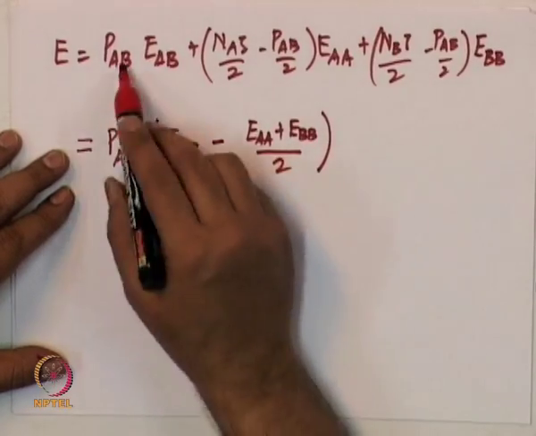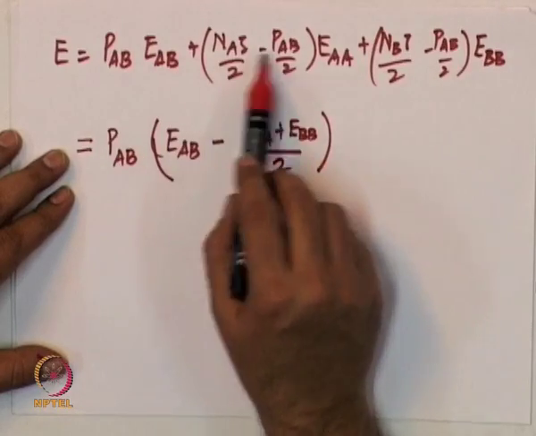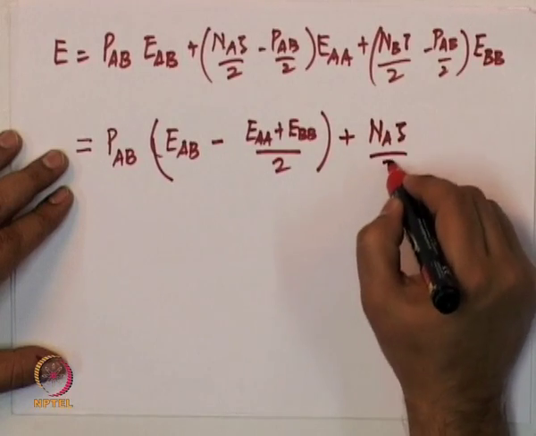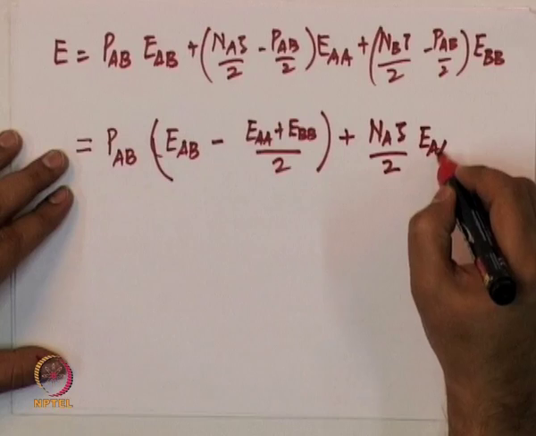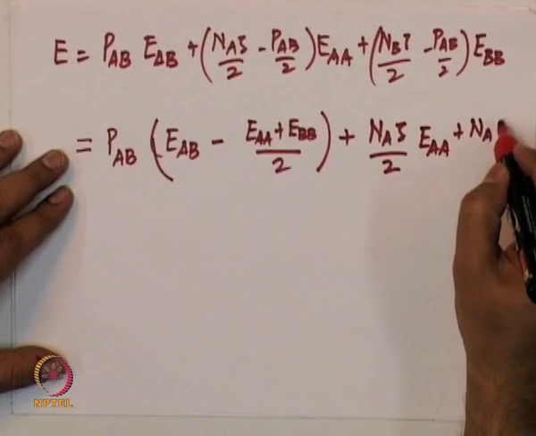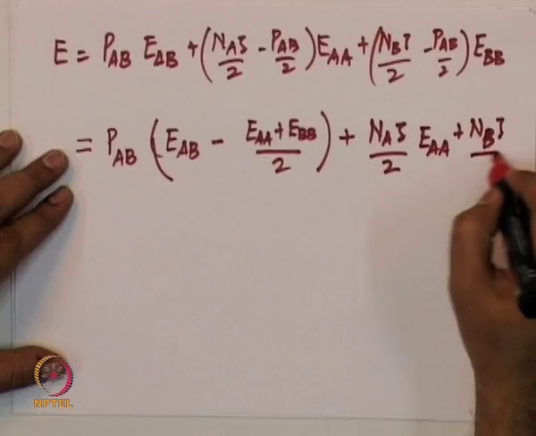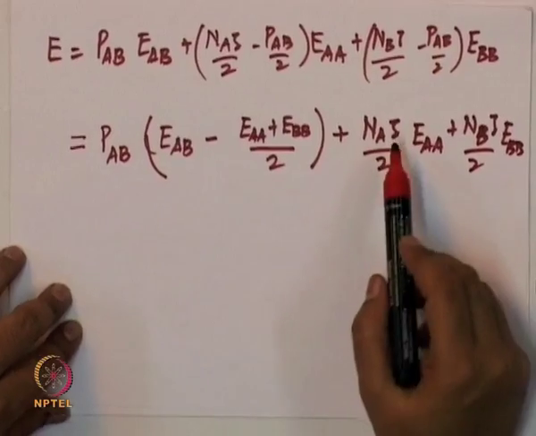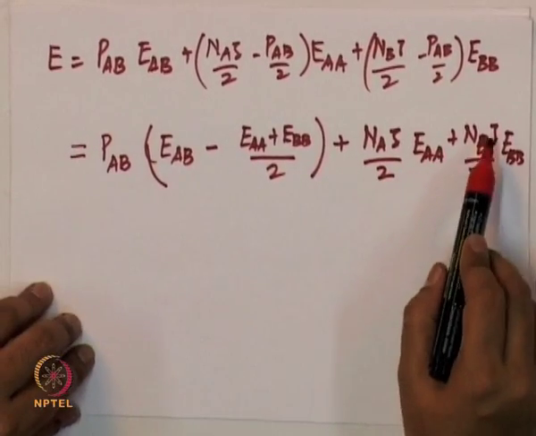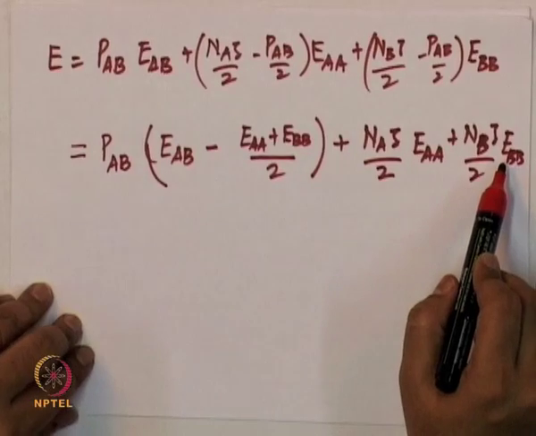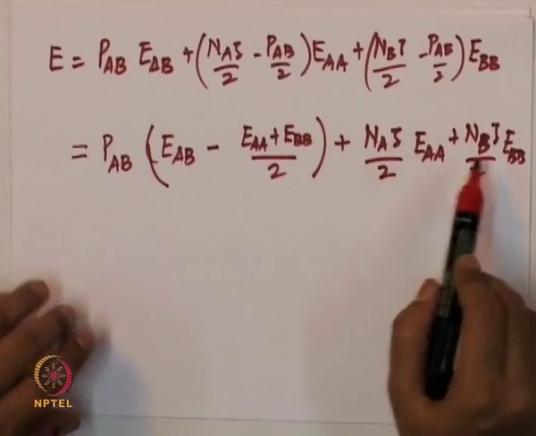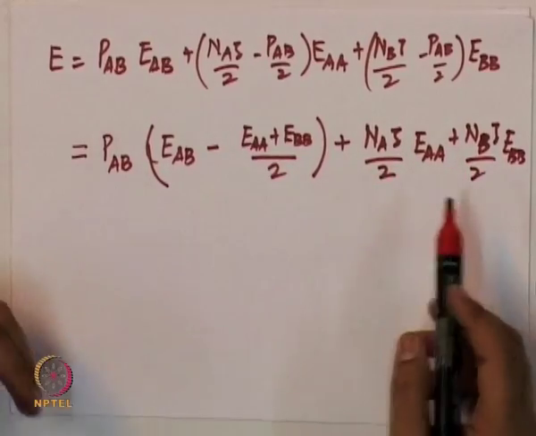So, this is all the terms, and then of course, there are these plus NA Z by 2 EAA plus NB Z by 2 EBB. Now, NA Z by 2 EAA and NB Z by 2 EBB are nothing but the energy of the pure A and pure B.